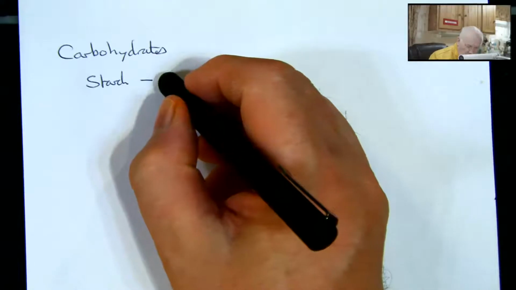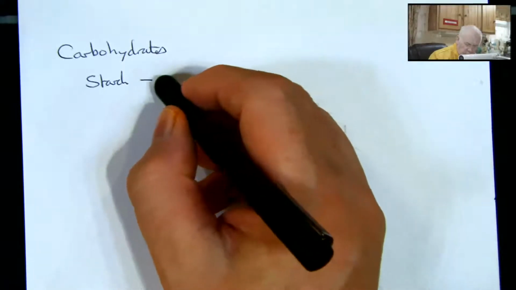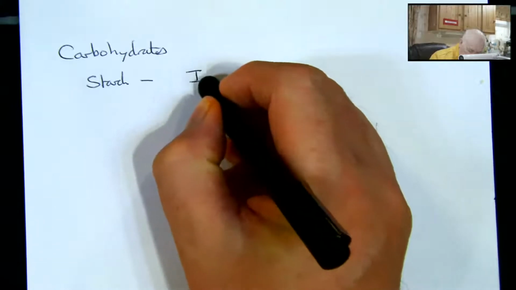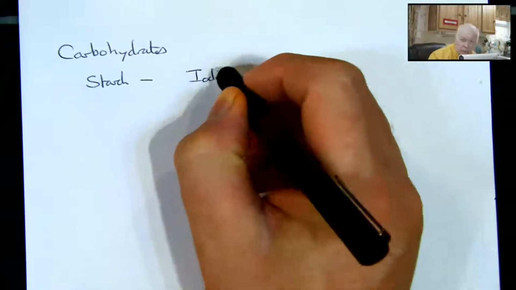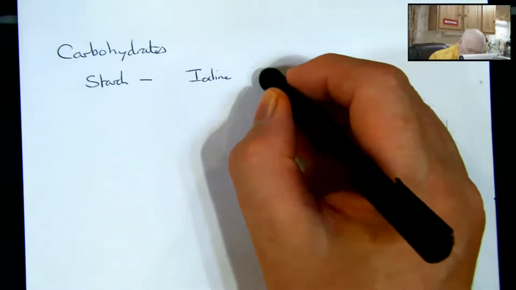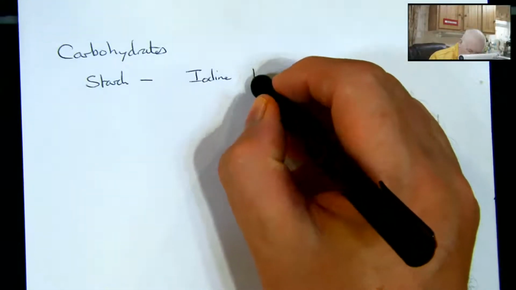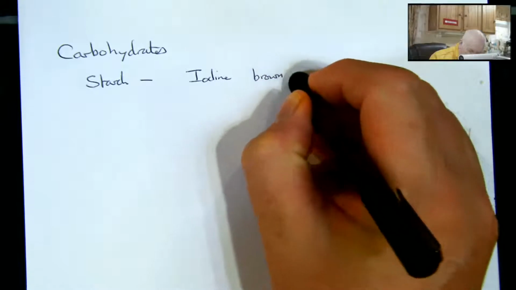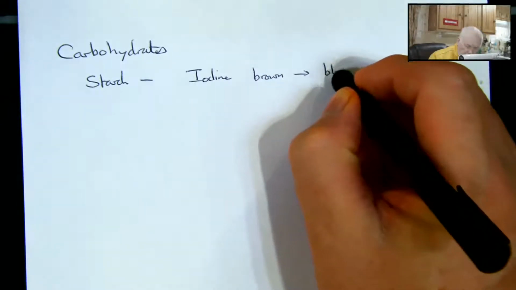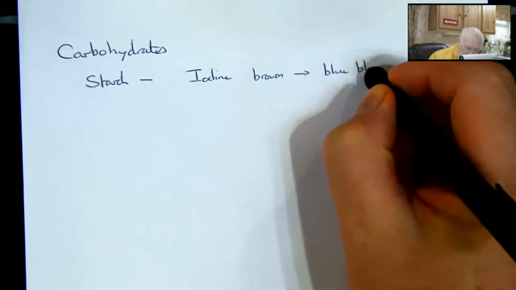And what we do for starch is we use the iodine test. So we take some iodine, and this is basically a brown color, and it should turn this blue-black color.